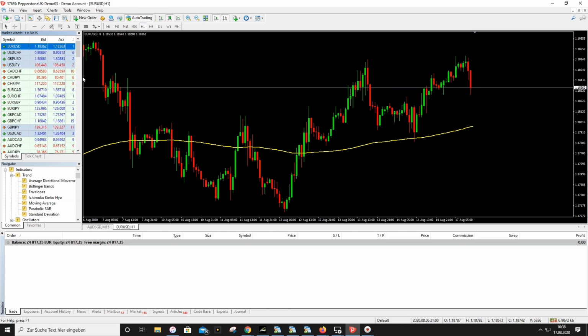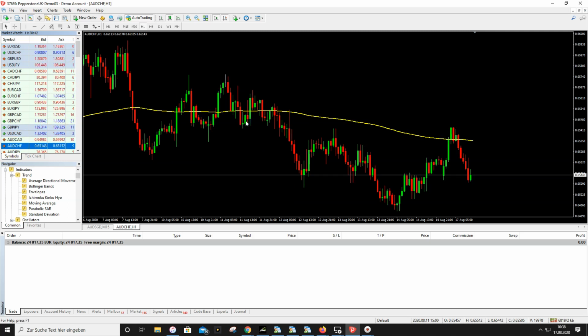And let's see, for example, if we use the Aussie Swissy, then you see the same picture here. In this case the MA 200 was not respected at all. The price cuts through, then it was going up again. It looks here like it wants to respect the MA 200, but still it does not. It does not know what it wants to do here. Then the first time the MA 200 was respected was here.